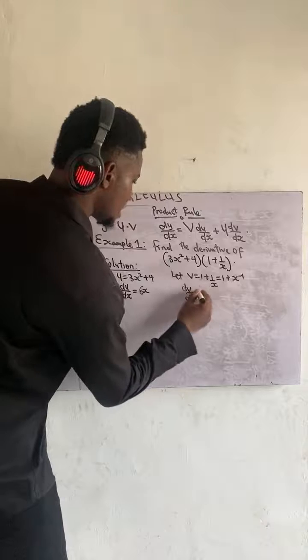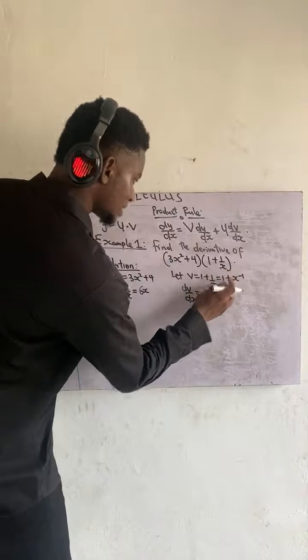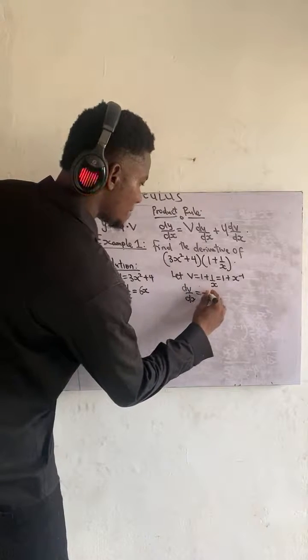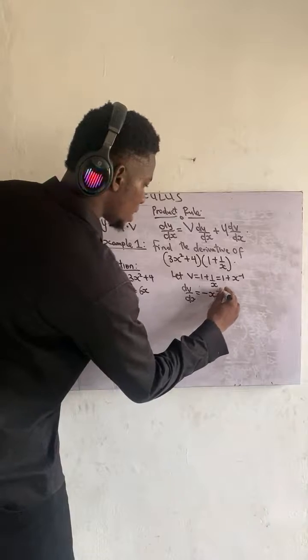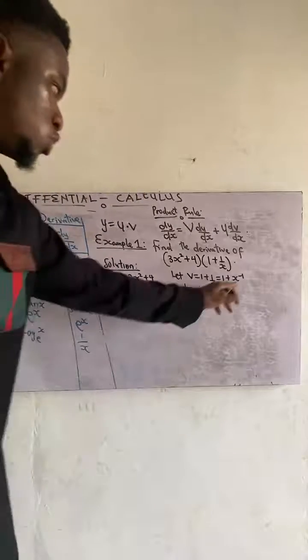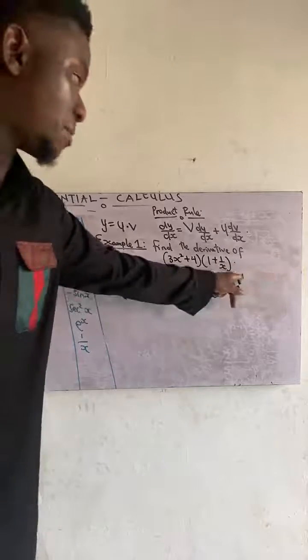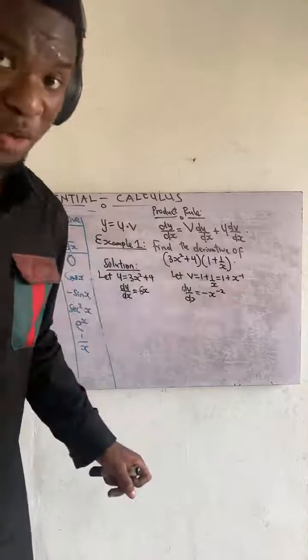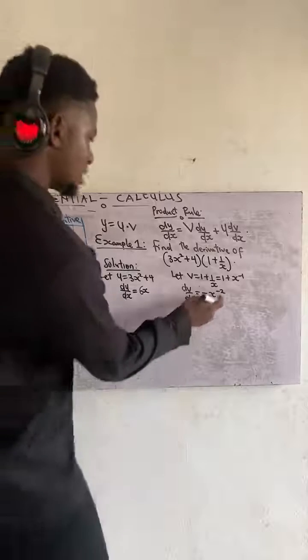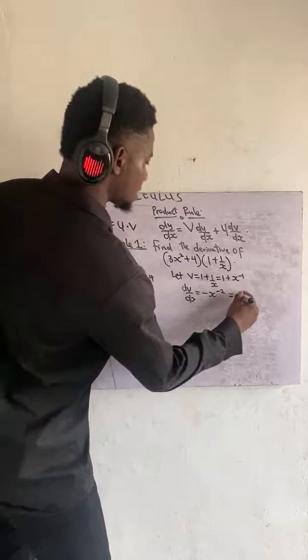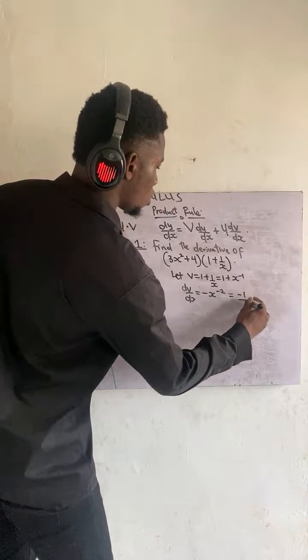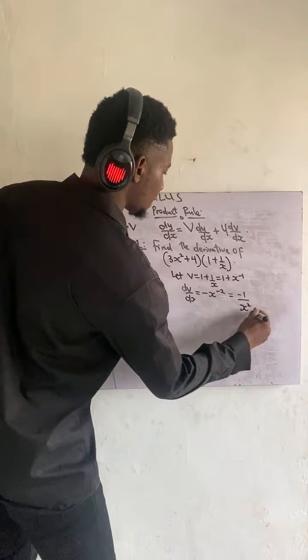So this simply means I'm going to look for dv dx. This one will be 0, right? And this one will now be minus x raised to power minus 2, because you use this minus 1 to multiply the coefficient, and you also subtract 1 from the minus 1 that is there. So minus 1 minus 1 will give us minus 2. This can then be expressed as minus 1 over x squared.